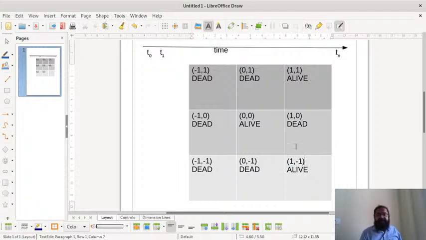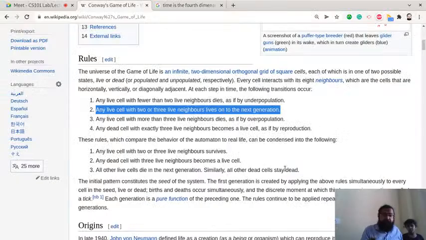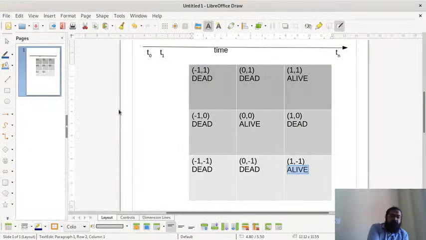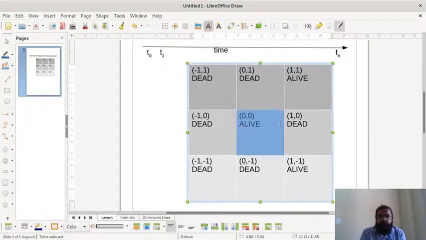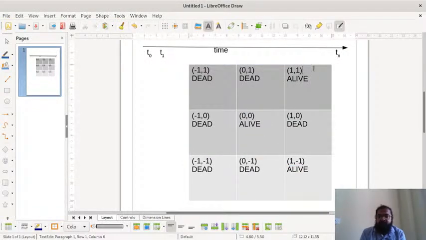Let's say at T1 or Tn, this is alive, and we are looking at the neighbors, and we see that there are at least 2 who are alive, and if there are at least 2 or more, that is the second rule. Any live cell with 2 or 3 live neighbors lives on to the next generation. So that means this guy will live through because it has 2 neighbors which are alive.